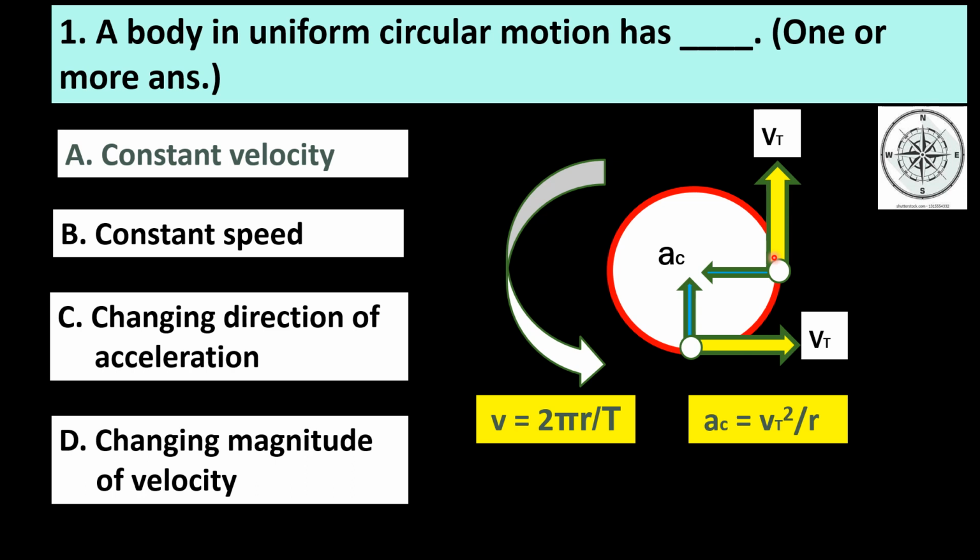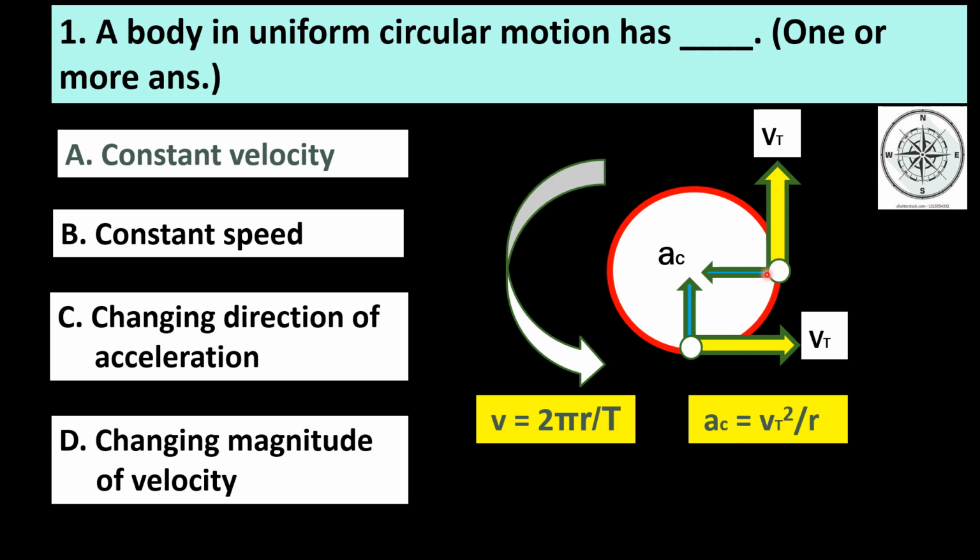Remember, when there is a change in speed, or change in magnitude of the velocity, or change in both magnitude and direction of velocity, we say that the body is accelerated. And the centripetal acceleration is the acceleration that is due to the change in the velocity of the body at any given point.